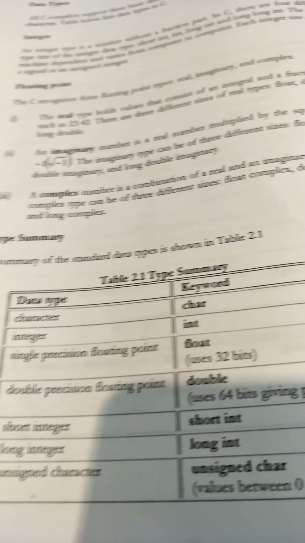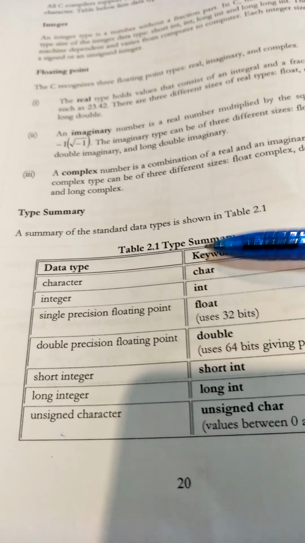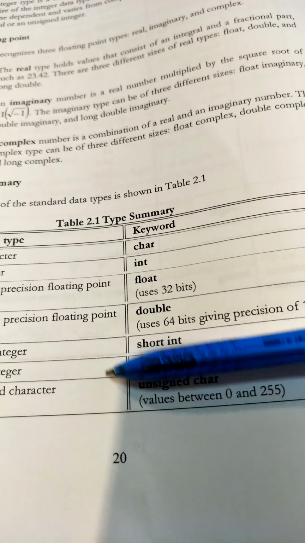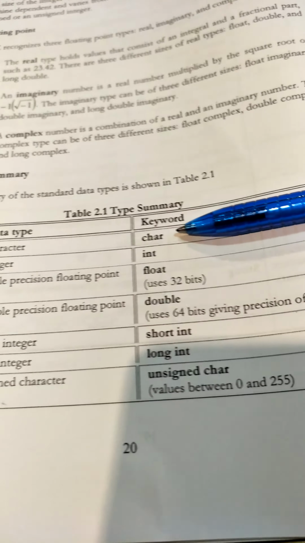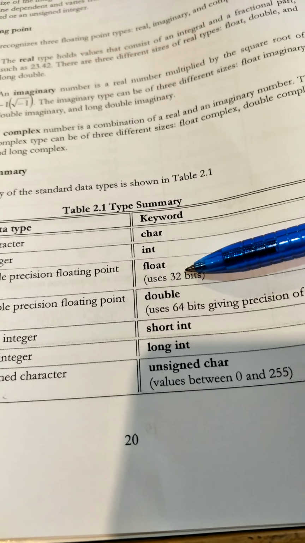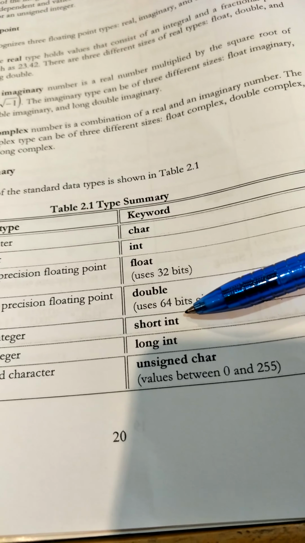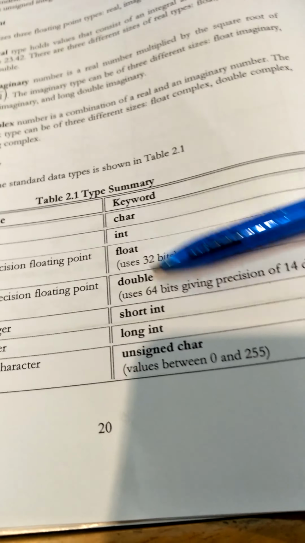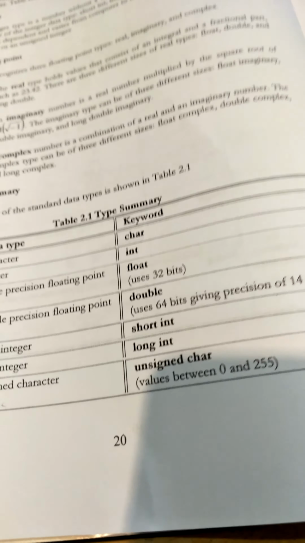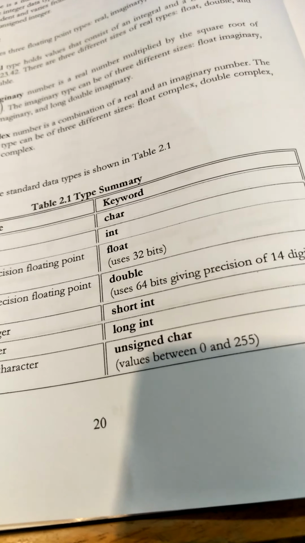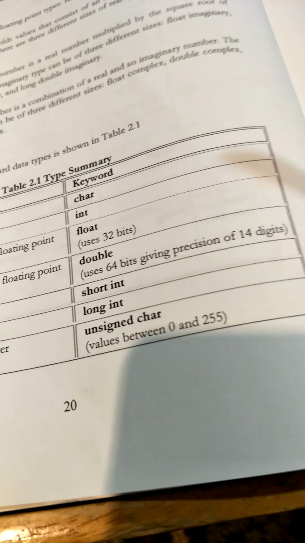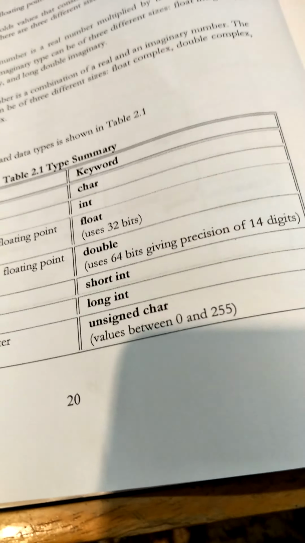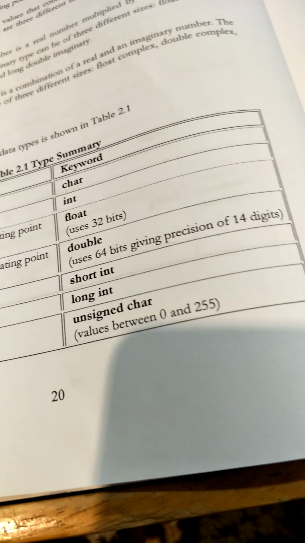To summarize, this is normally what we use when we declare a variable: character, integer, floats, double, short integer, long integer. Normally I use just integer or float. Otherwise, if you want very precise decimal places, up to 16, then you might need to use double, short and long. Otherwise integer and float is enough.